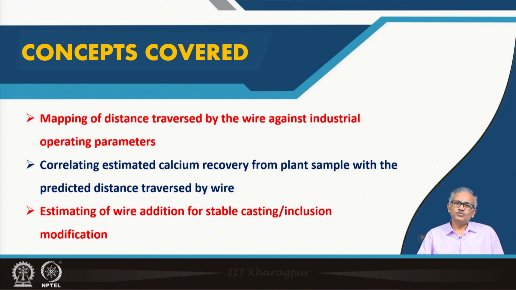If you add more wire, there is also a problem, because the calcium in the bath will be very high and that may not lead to a very good inclusion. So an optimum amount of wire has to be injected into the bath, and the operating parameters should be such that the calcium recovery is maximum, so that we can save wire and also generate the proper inclusion.